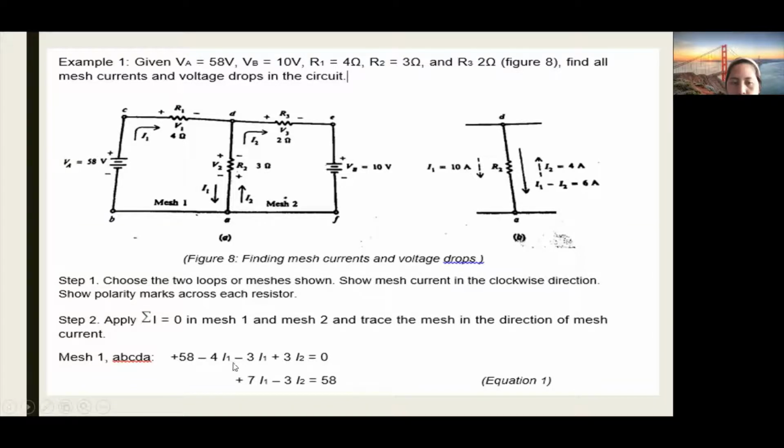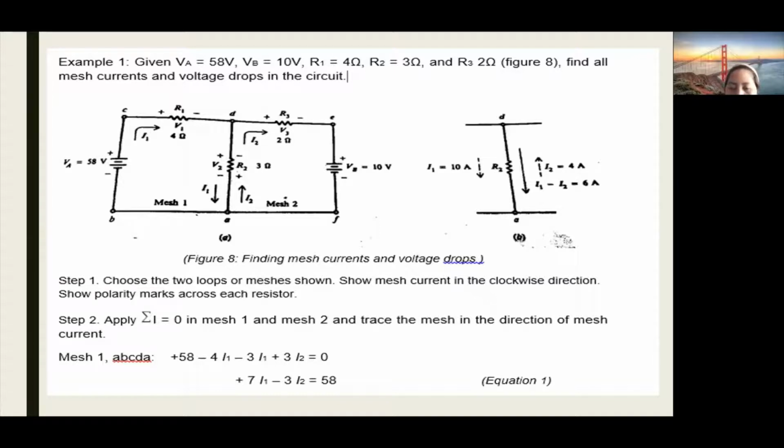It's negative because R1 is here, and I1 is here. This is the direction, so that's why it's a negative voltage drop. Minus, negative again for R2, because of the same direction of I1.